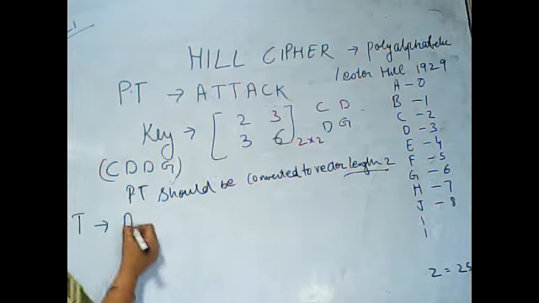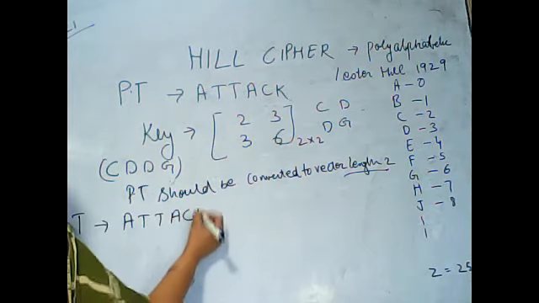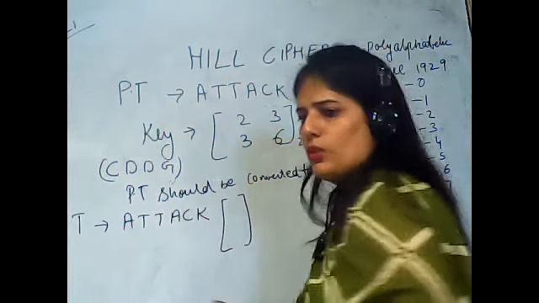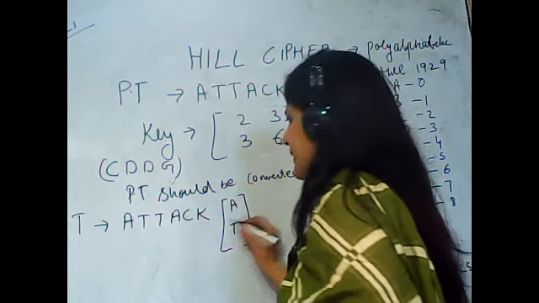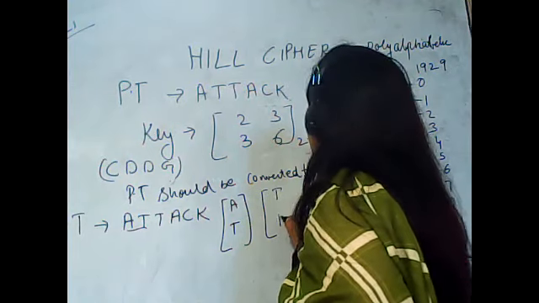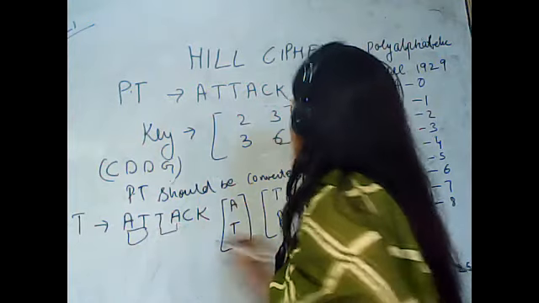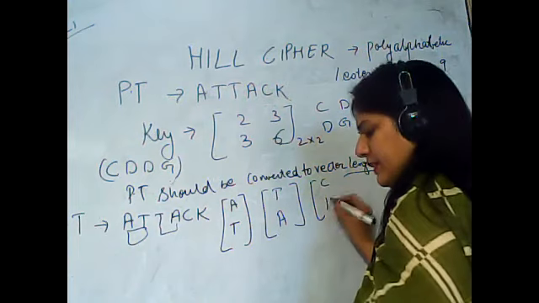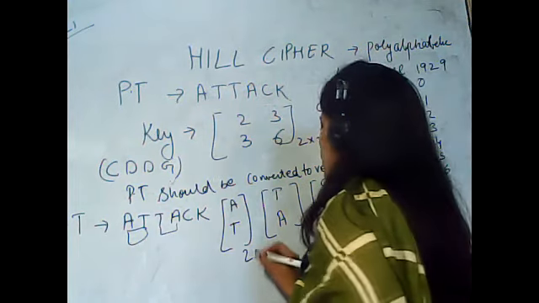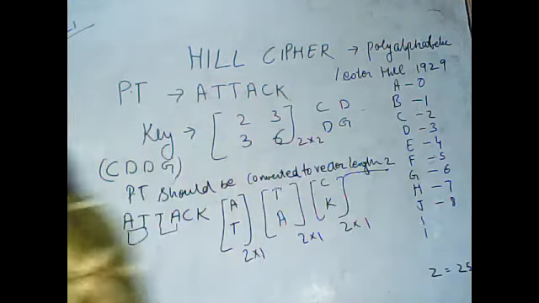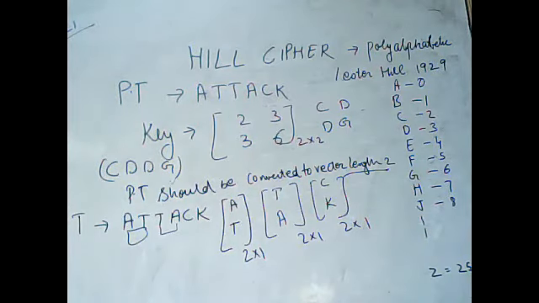PT is A, T, T, A, C, K. Now we are taking vector length 2, so we write A, T, then T, A, which is your next pair, then C, K. So this is 2 into 1 each: 2 rows and 1 column.